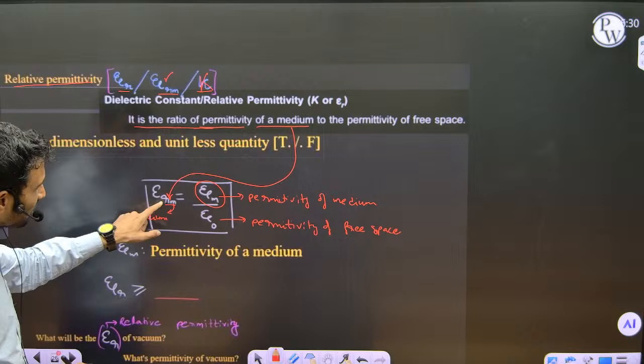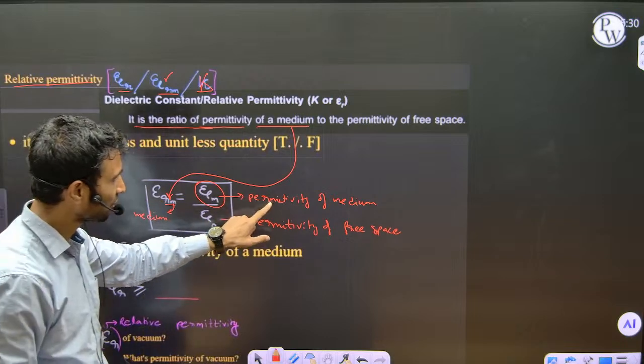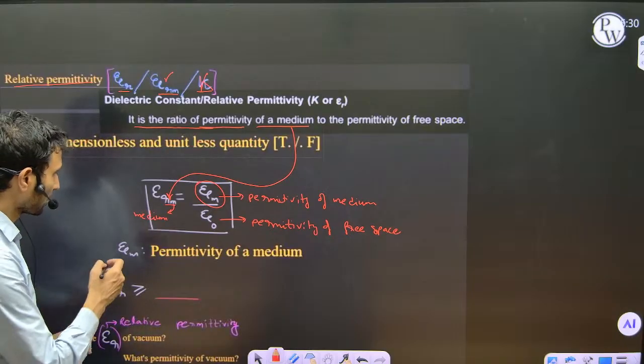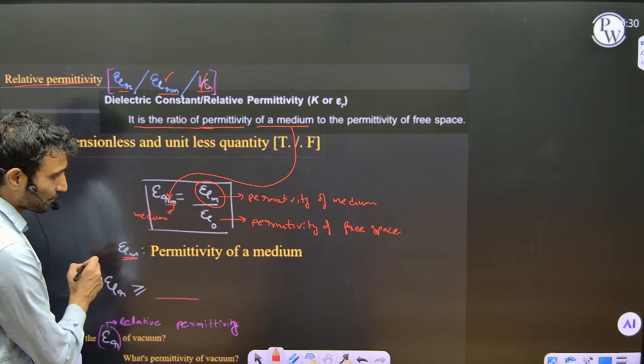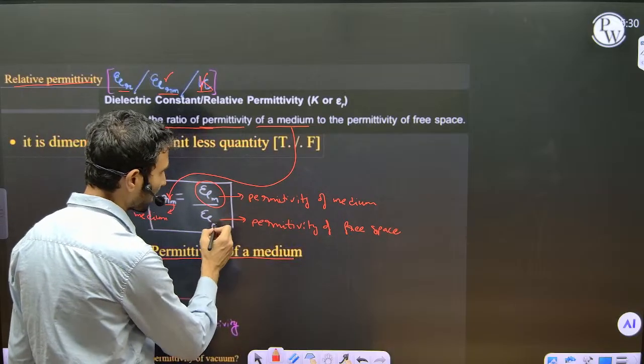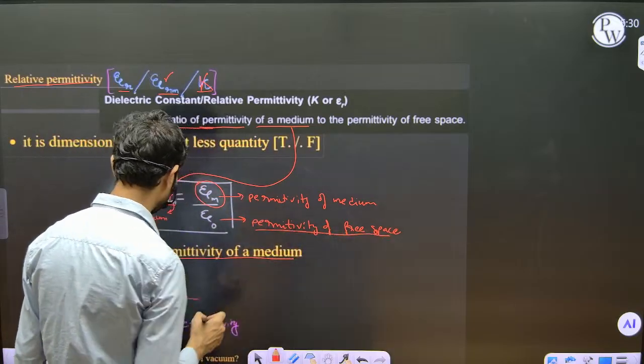Epsilon m is the permittivity of the medium, and epsilon naught is the permittivity of free space.